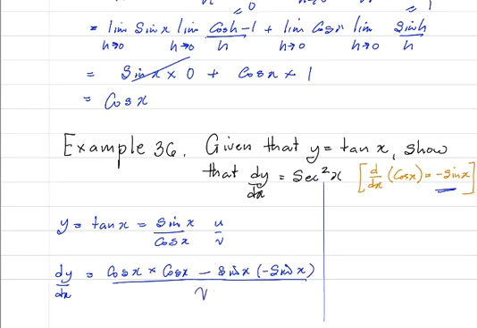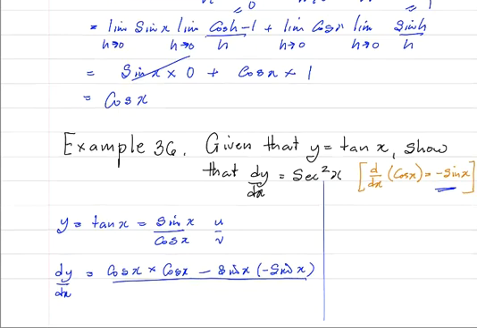Alright, let's remove that. All over v squared, which is cos squared of x. So dy by dx is going to be equal to cos squared x plus, and we're going to have what? Sine squared x all over cosine squared x.